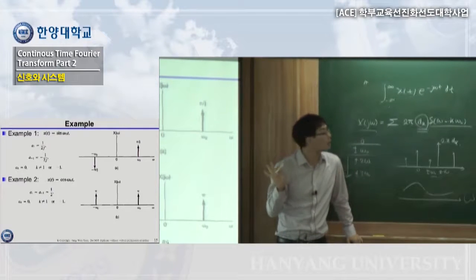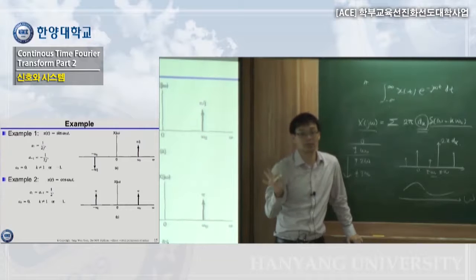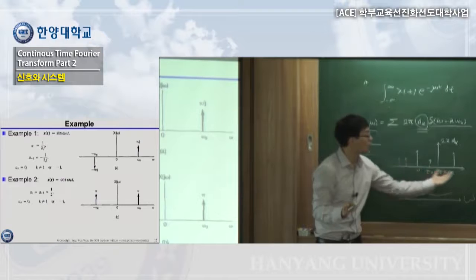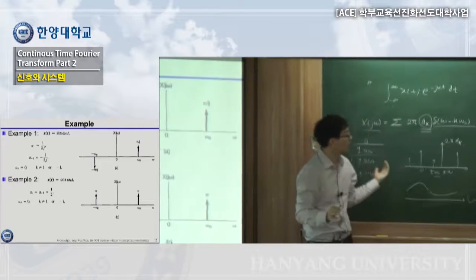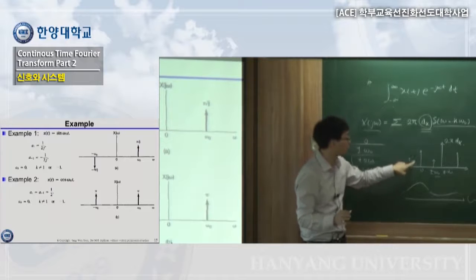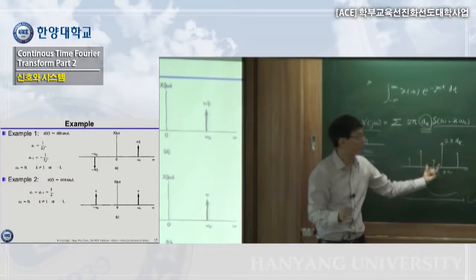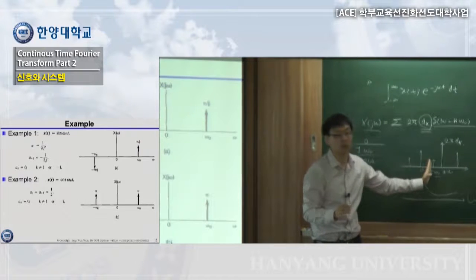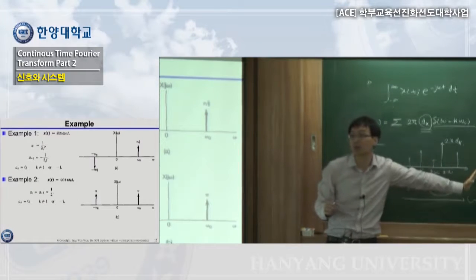However, assuming that we have a periodic signal having Fourier series coefficients, in the frequency domain its Fourier transform should be discontinuous, having points spaced by omega 0, given as DC, the fundamental frequency omega 0, and harmonics of the fundamental frequency.